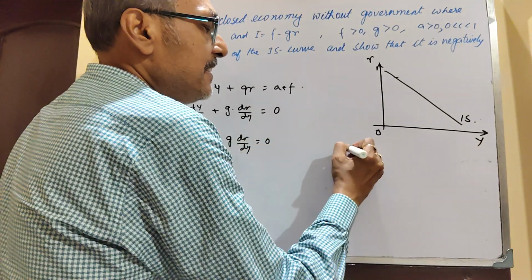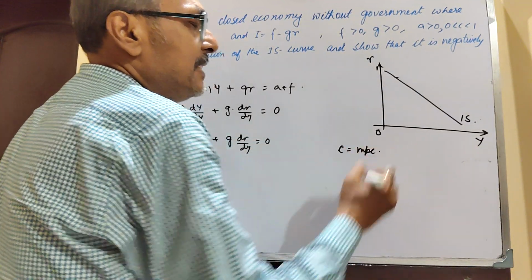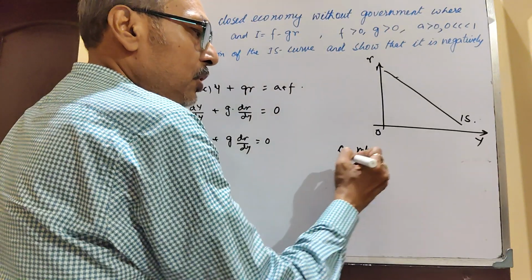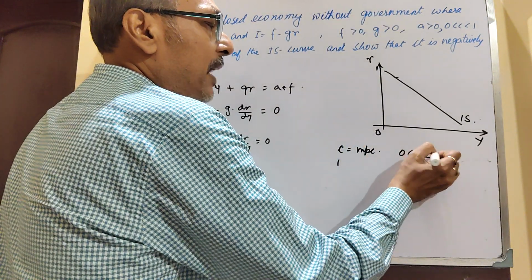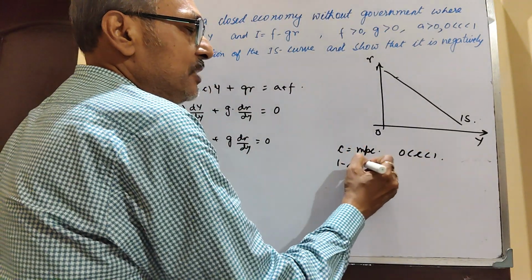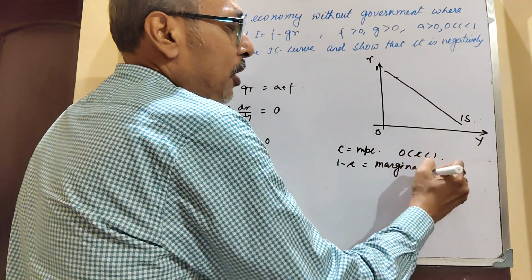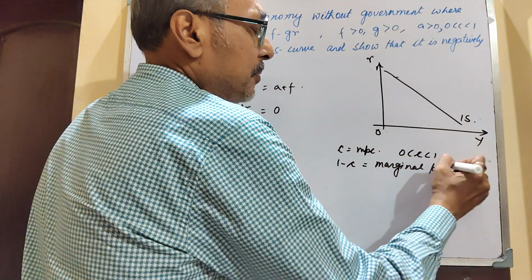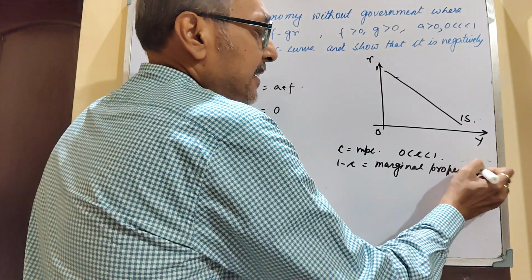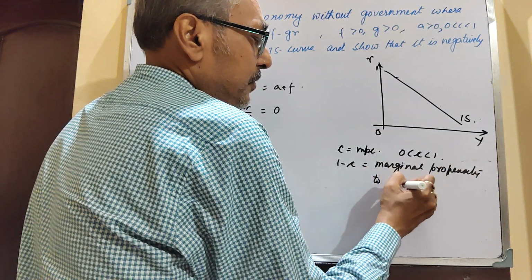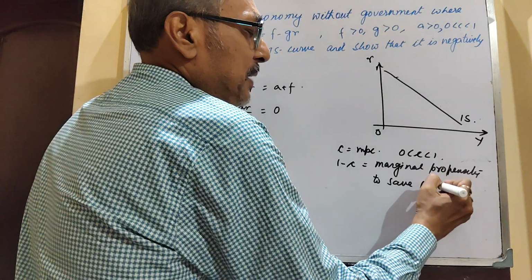Now small c is MPC, marginal propensity to consume, which lies between 0 and 1, and 1 minus small c is called the marginal propensity to save, MPS.